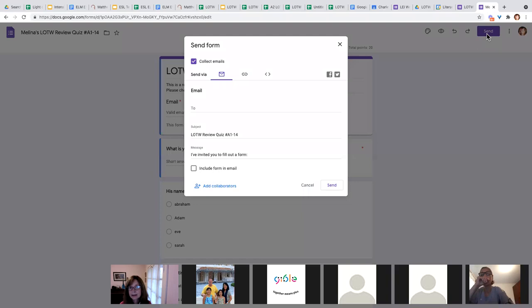And now, see this little purple button here that says send? I can send that to my students. So I can put in my students' emails here and send them my copy of the quiz and ask them to take that one, and they will get the quiz in their email.